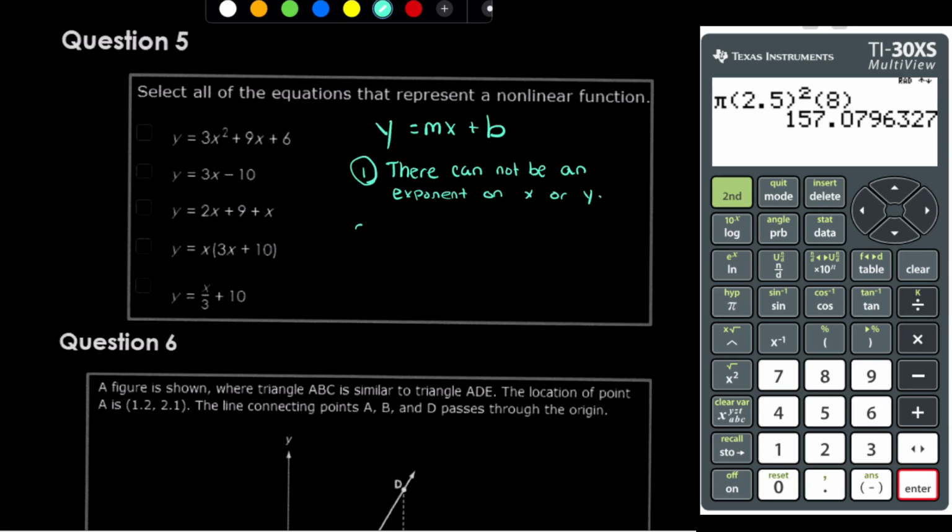Rule 2, x and y must be on opposite sides of the equal sign and not in a denominator.